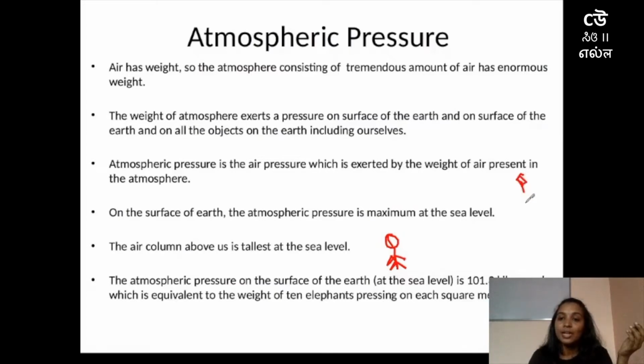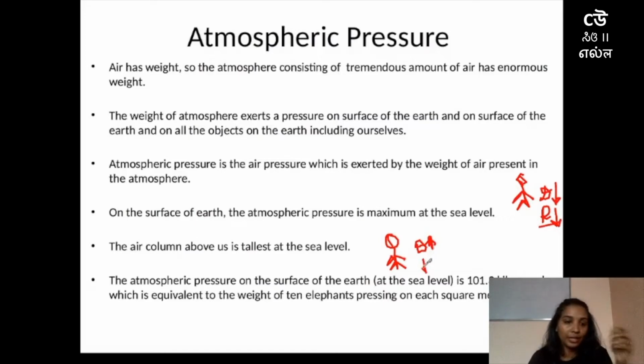Why? Because at a hill station we will be in the upper layers of the atmosphere, where the density is less. If density is less, then the pressure exerted by the air molecules will be less, whereas at sea level the density will be more, therefore the pressure exerted by the molecules will be more.